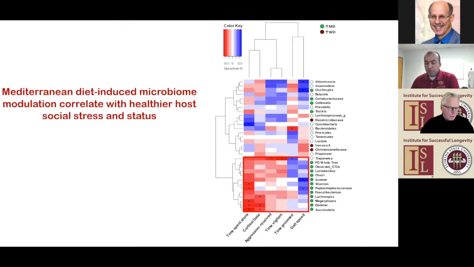At the same time, they were positively correlated with gait speed and grooming time, which is actually a healthy marker of socioeconomic status in these monkeys. So this clearly shows that this Mediterranean diet boosted microbiome was correlated not only with improvement in cardiovascular health, but also with neurological or socioeconomic depression and stress markers in these monkeys.